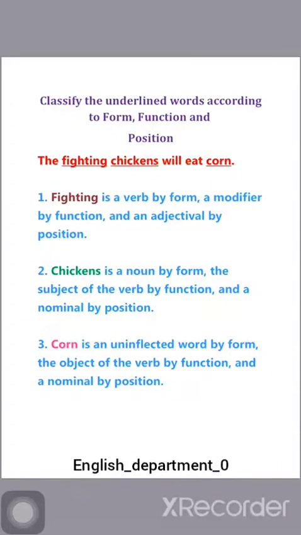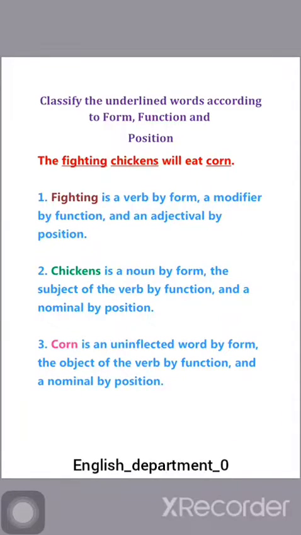Let's move to the word chickens. What about chickens? Chickens is a noun by form. Why is that? Because we see that it ends in s. Okay, this is one. Suppose that the word does not end in s, is not inflected with s, we will depend on something else, that is there. So there is a determiner, that's to say an article preceding a noun.